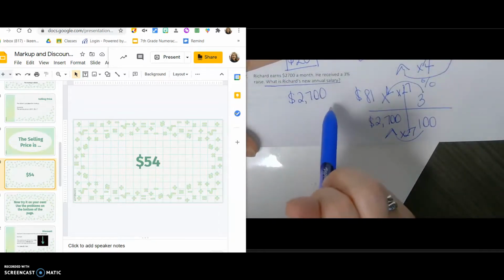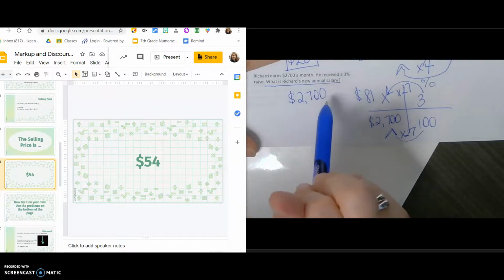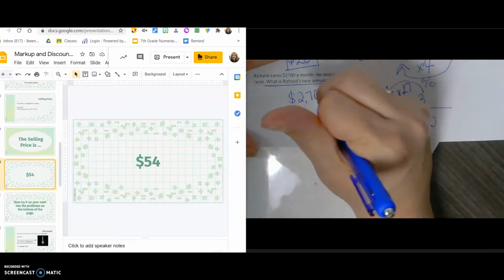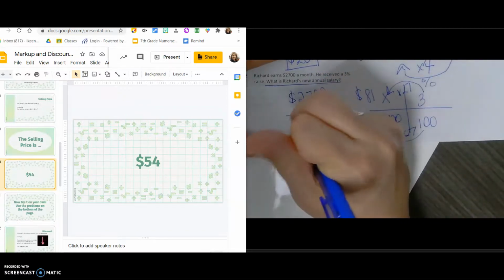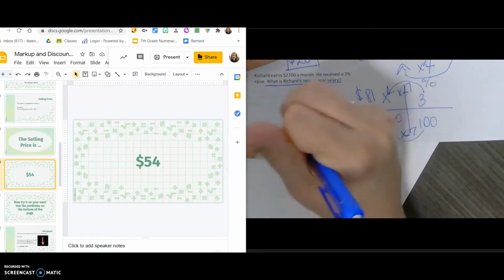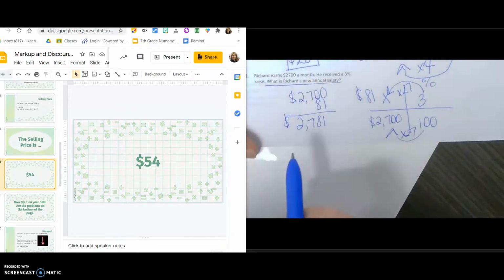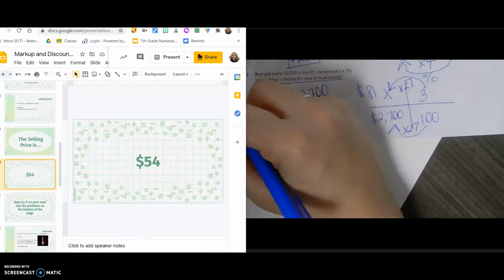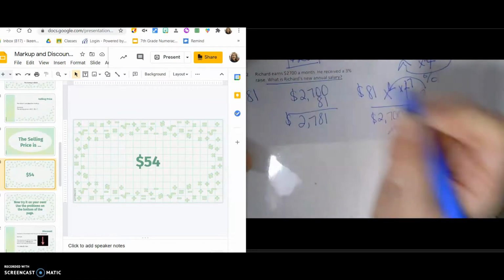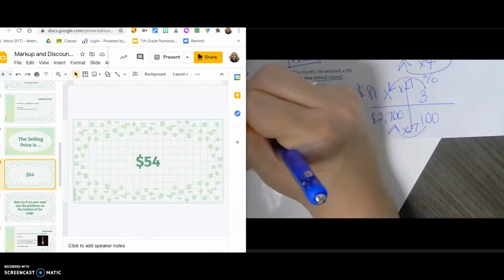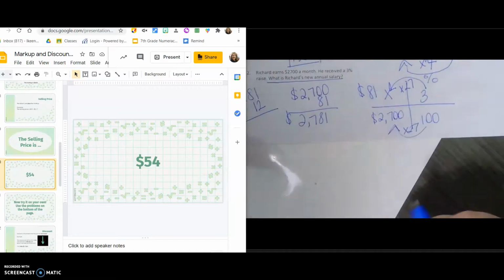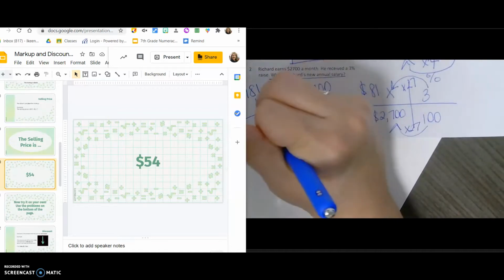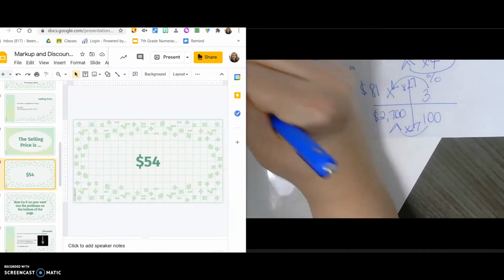So we have 2,700, which was my monthly salary. My 3% raise was $81. So I have $2,781 that I now make monthly. It's asking me about my annual salary though. Annual is yearly, so I would still have to do $2,781 times 12, and that would give me my yearly salary.